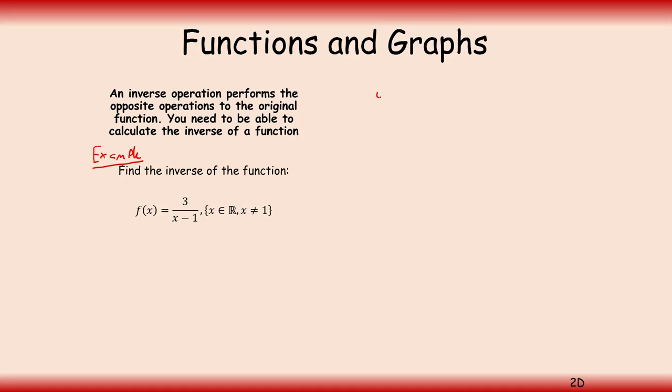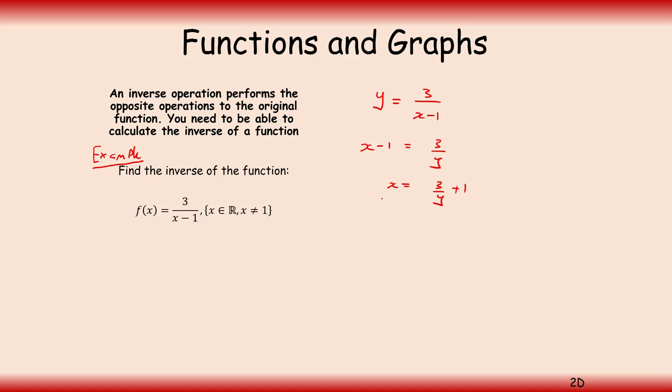So we've got y is equal to 3 divided by x minus 1, and the aim is to make x the subject. So we can cross multiply the x minus 1 and the y, so that gives us x minus 1 is equal to 3 over y, and x is going to be equal to 3 over y plus 1.